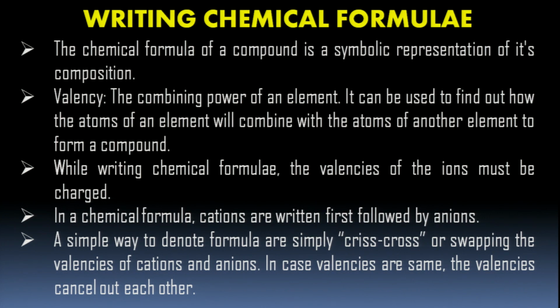Why do we have to write the chemical formula? We could just write 2 atoms of hydrogen react with 1 atom of oxygen, we get water. And instead of writing that, H2O, which one do you find comfortable? Of course, we find the formula comfortable. So, it's required to write the formula.